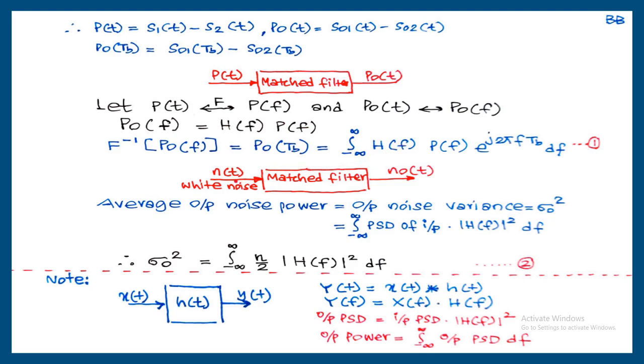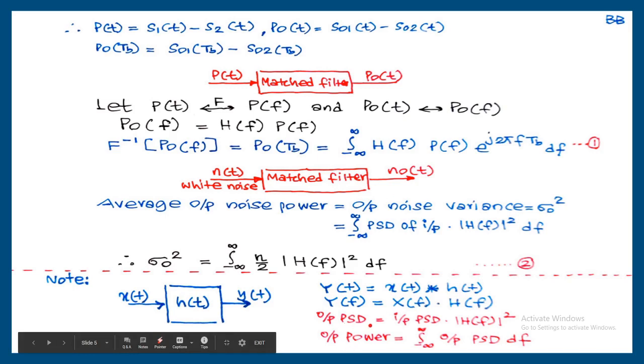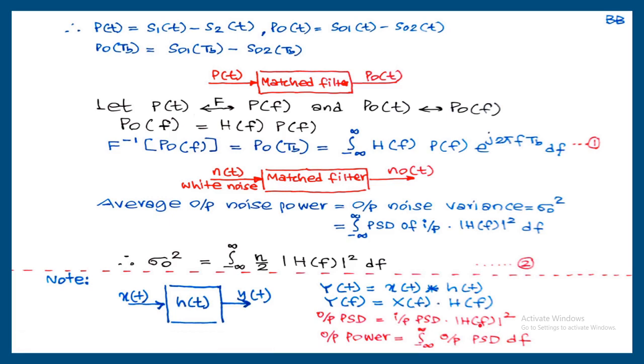Second, consider the input noise is white, and then the relationship between input PSD and output PSD is written here. Output PSD is equal to input PSD into transfer function squared. From that, output power is equal to the integral from minus infinity to plus infinity of output PSD df. PSD is power per unit bandwidth, so when you integrate all that power, you will get the total power.